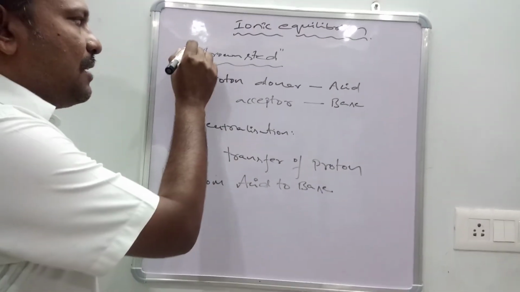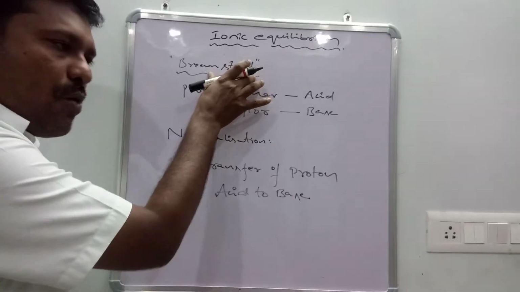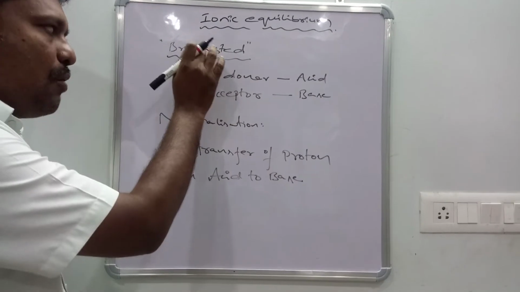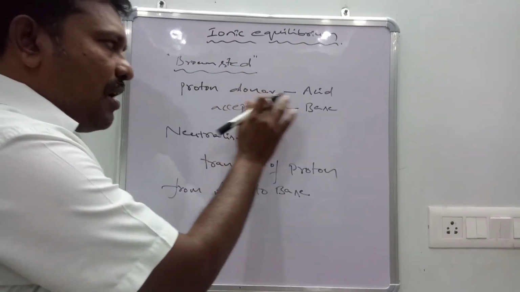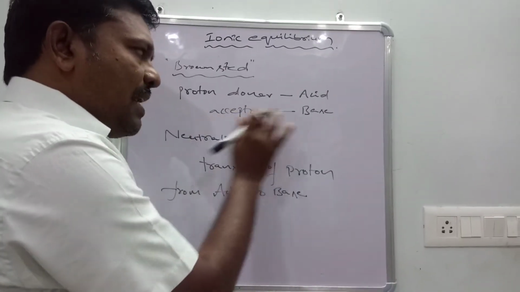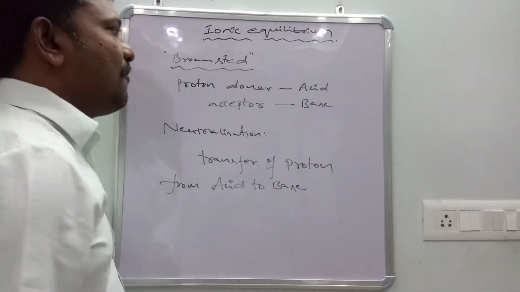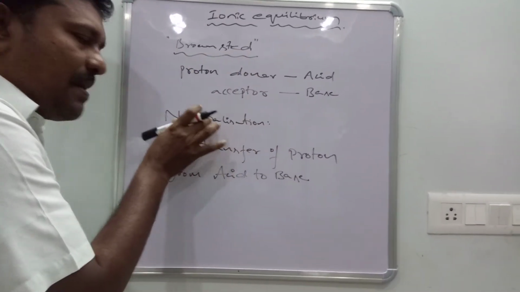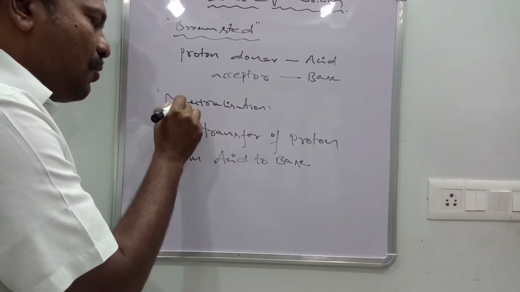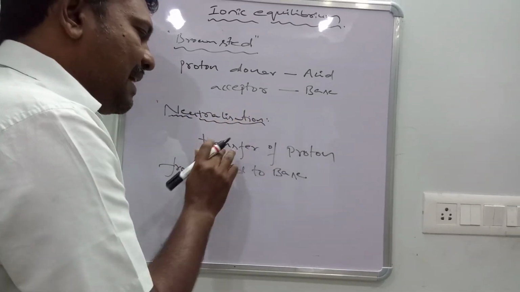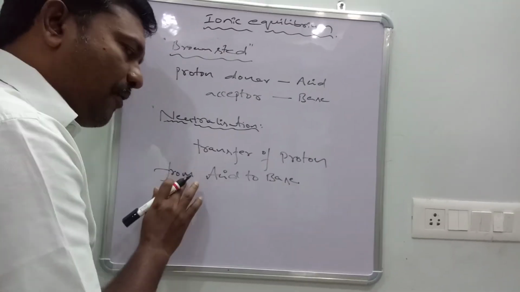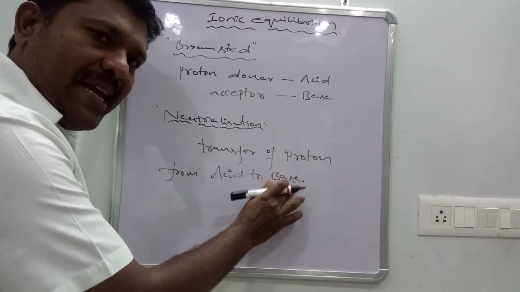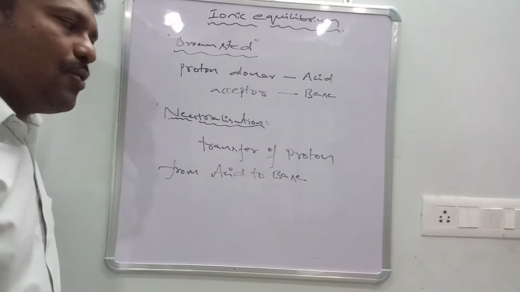Once again, the new modern theory is Brown-Lowry theory. Proton donor is acid, proton acceptor is base. Neutralization means transfer of proton from acid to base.